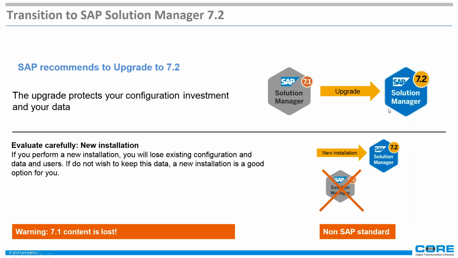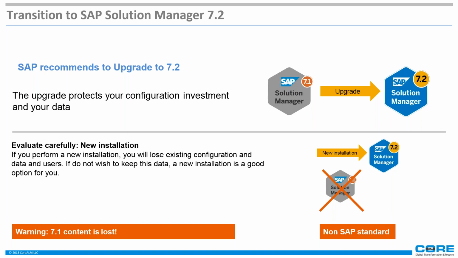As we move forward, the transition to Solution Manager 7.2 kind of goes to the same thing as going to S/4HANA. Do you migrate? Do you switch over from an ERP or a business suite over to HANA, or do you do a net new implementation? So the ultimate recommendation in terms of Solution Manager is to upgrade to Solution Manager 7.2 because you do retain all the historical information that you have in there.